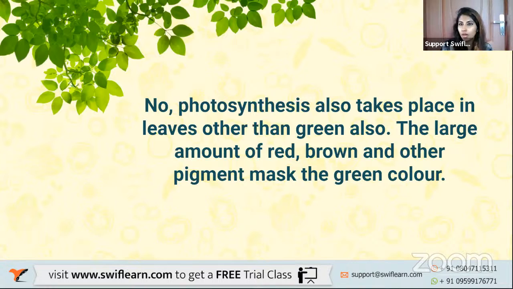You can see yellow leaves or red leaves or brown leaves. There is also photosynthesis taking place. There is also chlorophyll present, but the other pigments, red pigment, brown pigment, will be masking the green color.